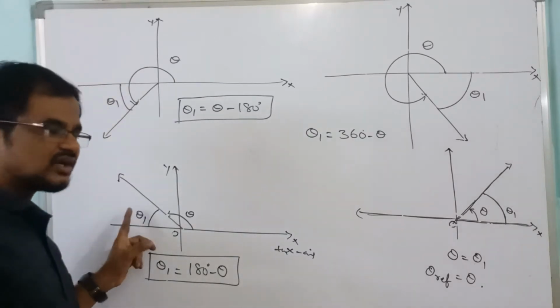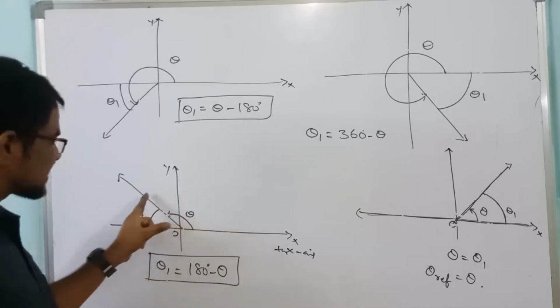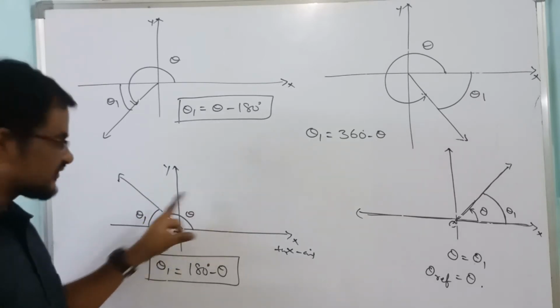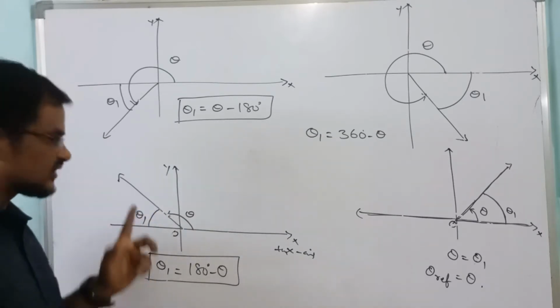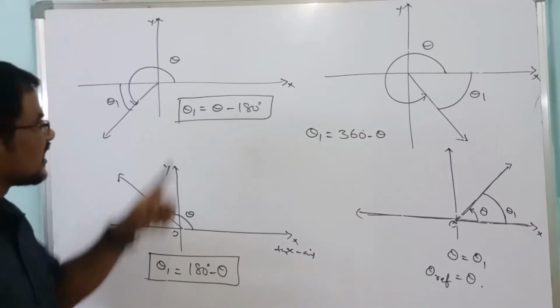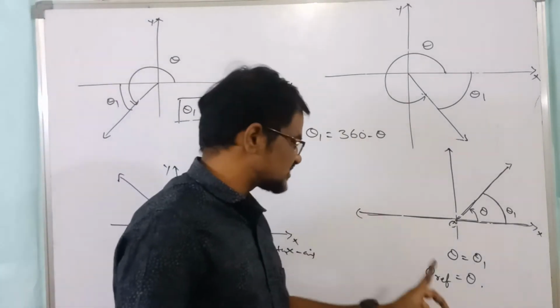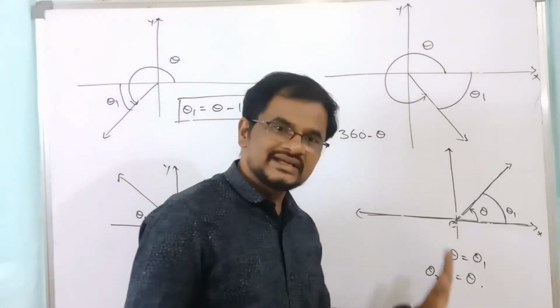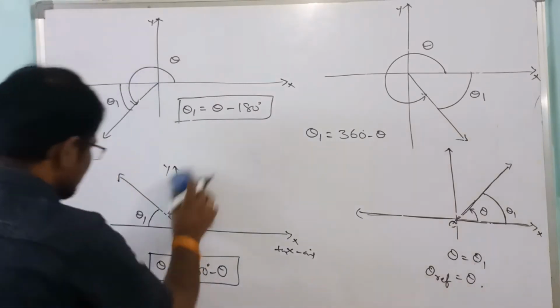In this second quadrant, if you take theta with the positive x-axis, you will get an obtuse angle, so with the negative x-axis you get an acute angle. That's why here theta 1 equals 180 minus theta. Here theta 1 equals theta minus 180. In the fourth quadrant, 360 minus theta. In the first quadrant, theta 1 equals theta.